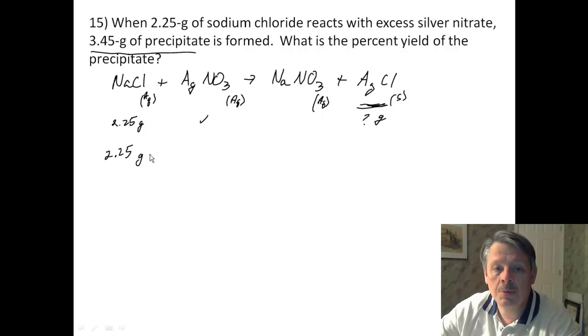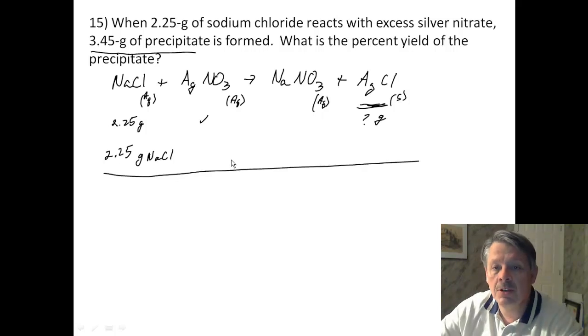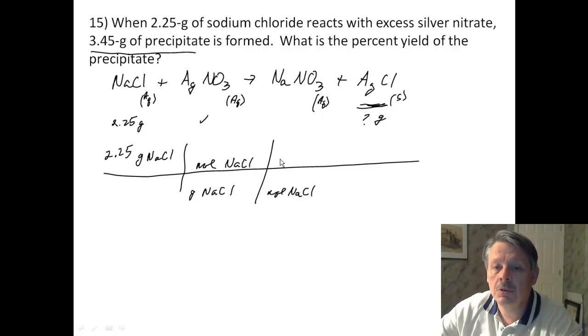Normal stoichiometry problem. We're going from grams of NaCl. What do we have to go to every time? Of course, we go from grams of NaCl to moles of NaCl, and from moles of NaCl we go to moles of silver chloride, because silver chloride is our target. It is the one that's a precipitate. We go from moles of silver chloride to grams of silver chloride.